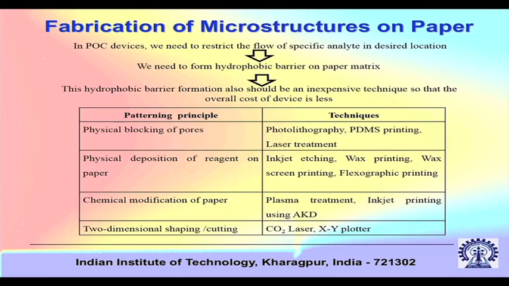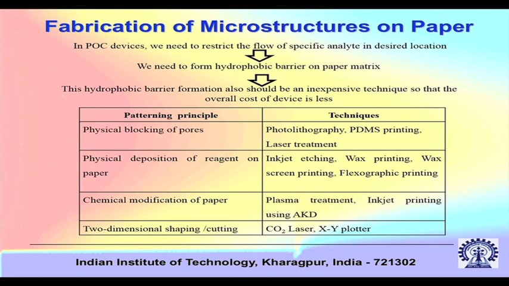So there are fabrication methods. Now how do you fabricate microstructures on paper? You can have physical blocking of pores, that is one possibility that I had told, or physical deposition of reagent on a paper, chemical modification of the paper, or 2-dimensional shaping or cutting.